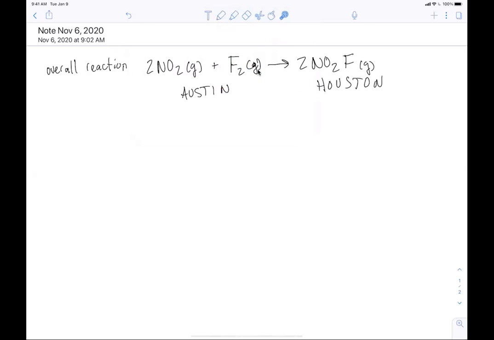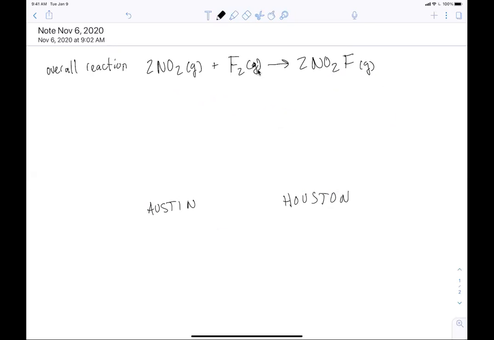Did I take 290 or did I take 71 to get from Austin to Houston? So the overall reaction just tells you where you start and where you end. There's something called the reaction mechanism that actually tells you the path between those 2 points.